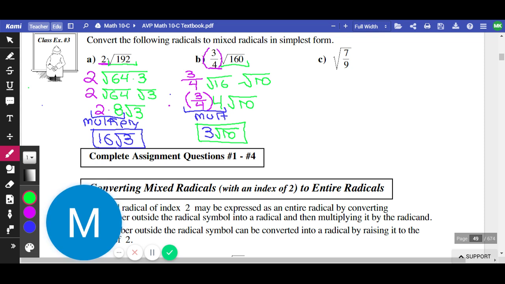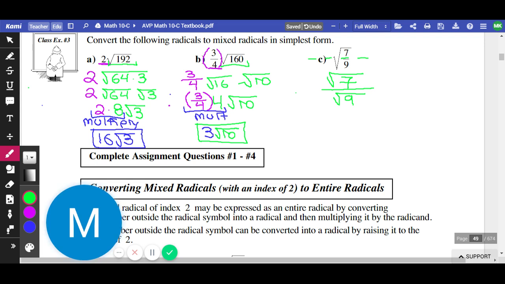So if I have two radicands that are divided, I can split them apart. They become root 7 divided by root 9. Okay, so two radicands that are being divided can be split apart into two separate radicals.